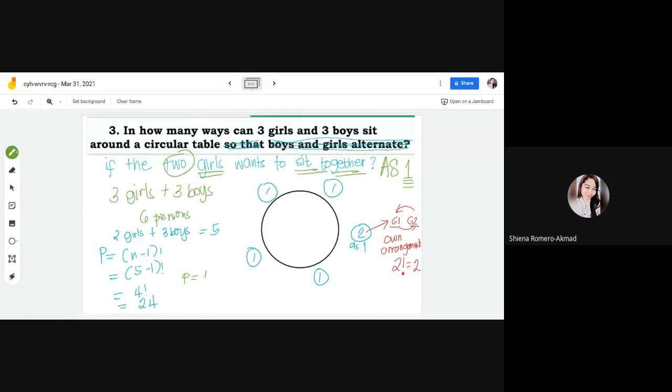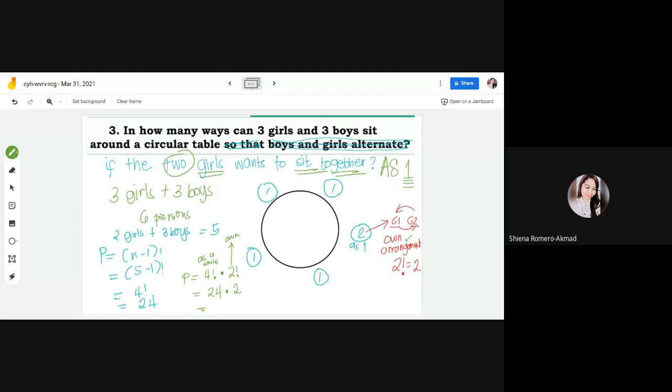Now, what is the correct answer? Permutation is equal to 4 factorial times 2 factorial, which is equal to 24 times 2. The 24 is their arrangement as a whole, and the 2 is their own arrangement. So this one is as a whole, and this one is the own arrangement.